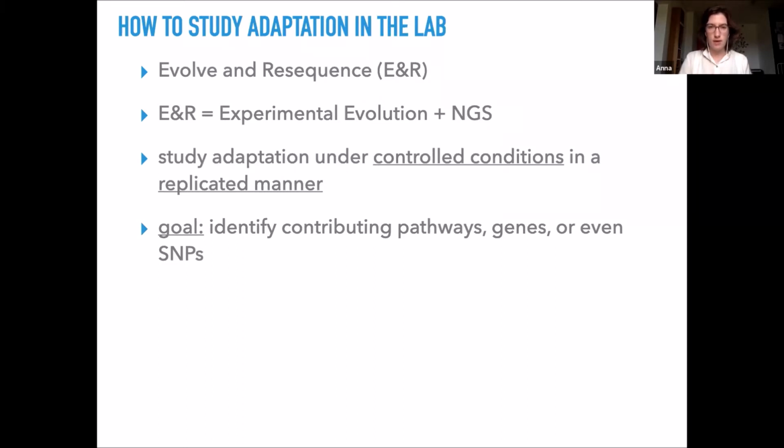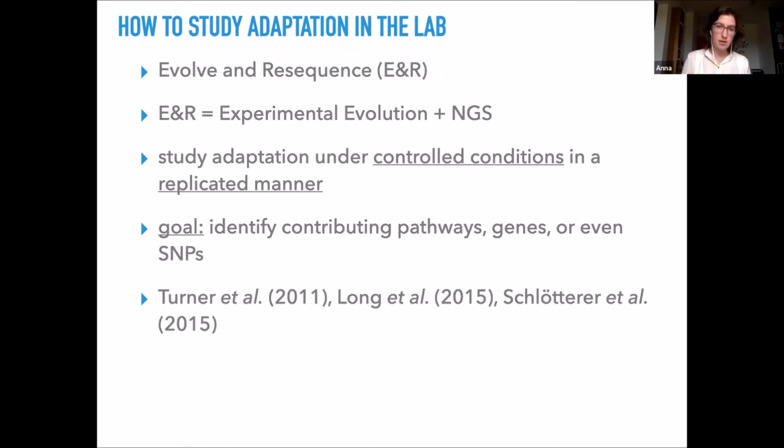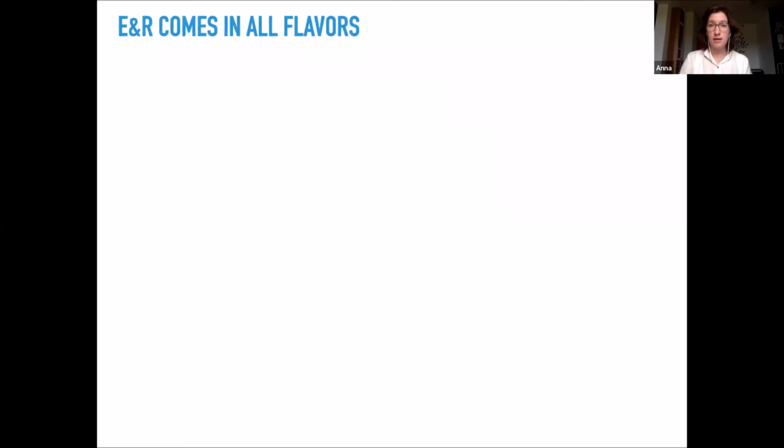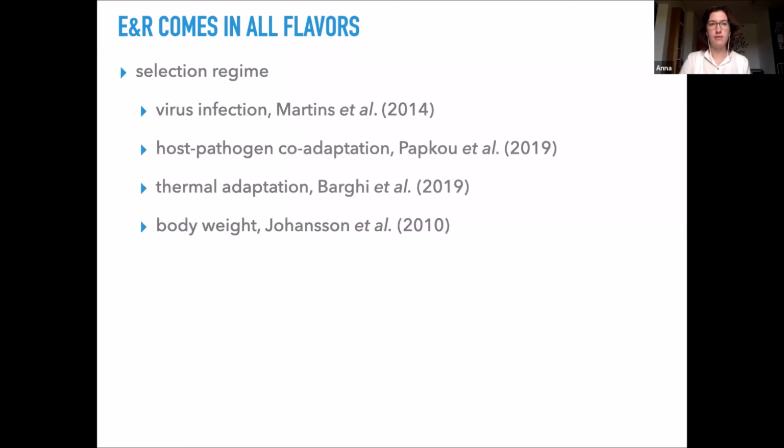This approach is quite popular by now. So here are some papers in case you want to learn more about it. And the studies that are published right now come in all kinds of flavors. So we have different selection regimes that are investigated. I just listed a couple here, like virus infection, host pathogen interaction, thermal adaptation.